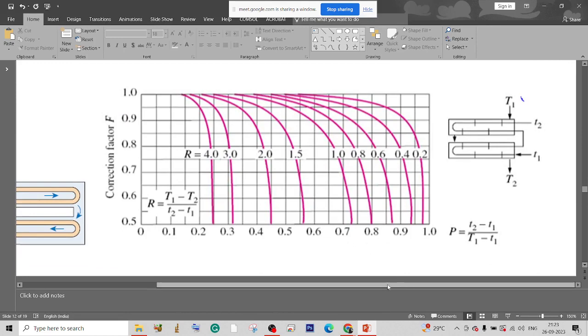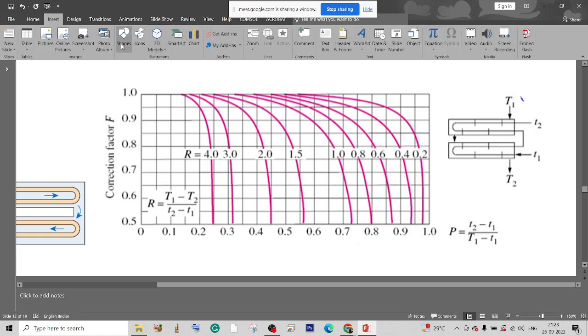We have R as 0.75 and P as 0.667. 0.667 means approximately here, and R is 0.75, so approximately here.